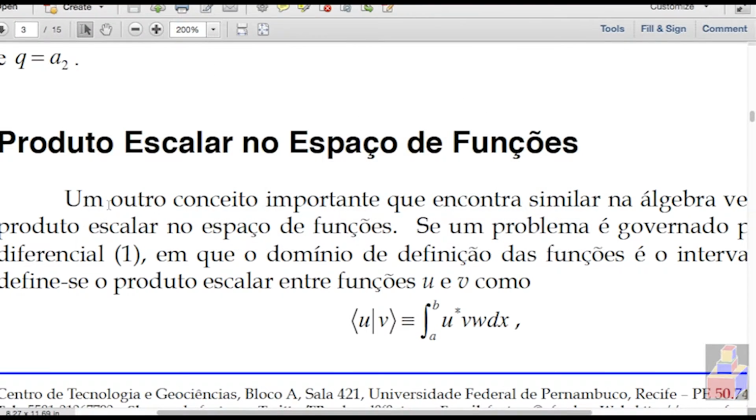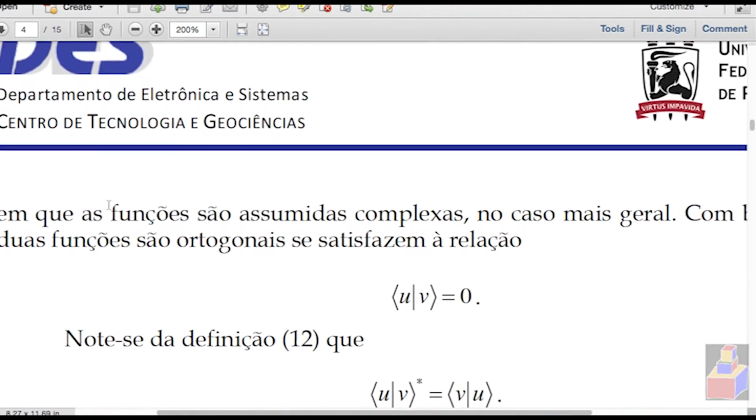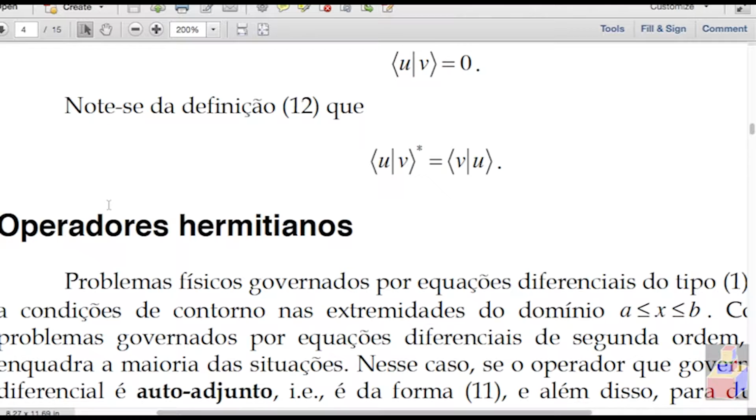So then we get to the concept of Hermitian operators. In general, as I said, physical problems and engineering problems are governed by differential equations of the type that I've been discussing.